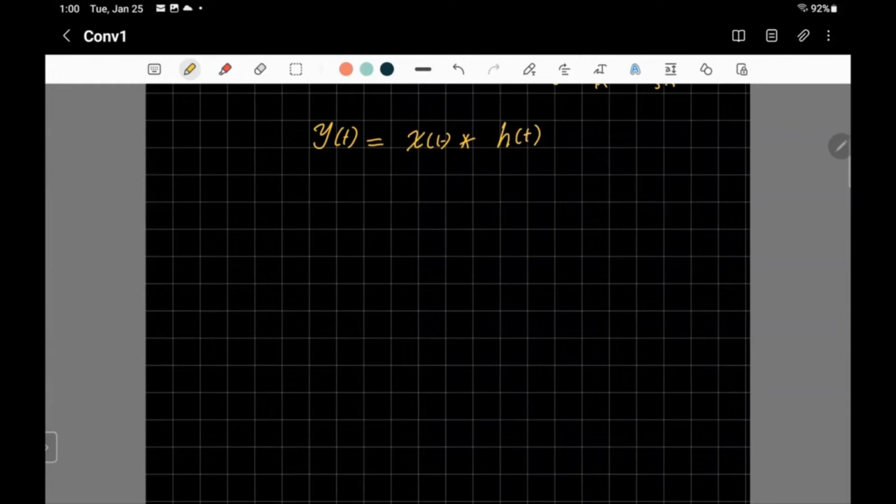This star does not mean multiplication. It means convolution. So x of t is convolved with h of t. H of t is the impulse response.